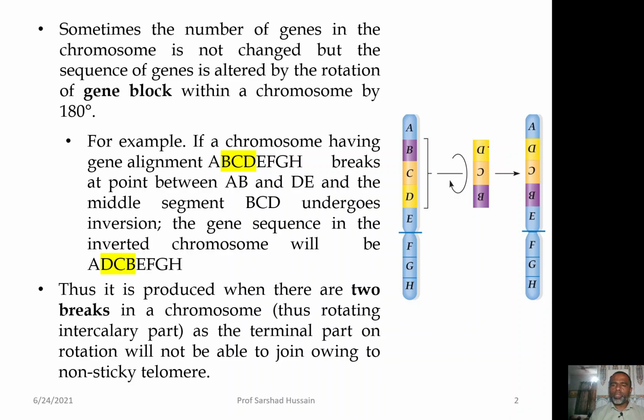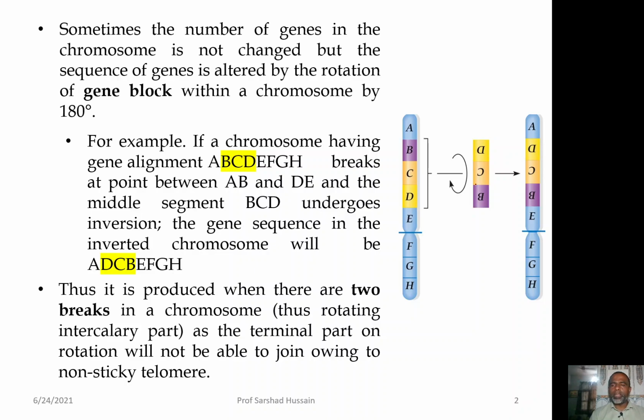So, this rotation of the block of the gene within a chromosome is called the inversion. This rotation takes place at 180 degree. So, this end rotates and comes down over here, and this end goes up near to A. It is possible only when two breaks take place in a chromosome.